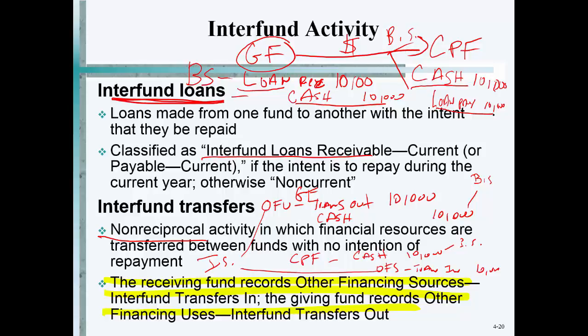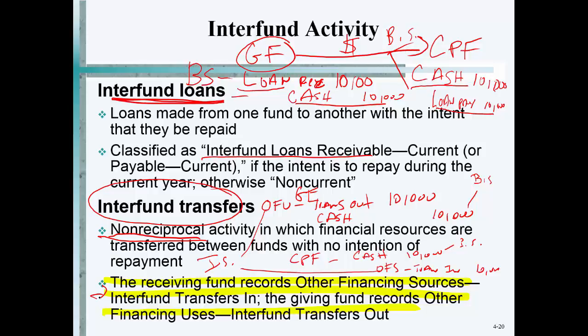Now, if we have inter-fund transfers, we call those non-reciprocal activity. When it's a transfer, it's considered that the money will not be paid back. So the receiving fund will record an other financing source, and the fund that is paying the money out will have an other financing use, won't they?